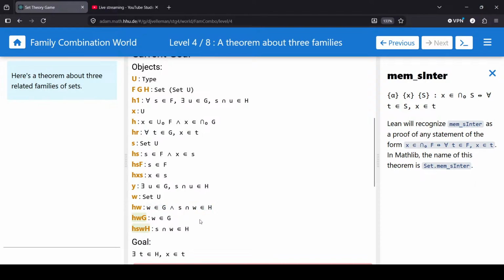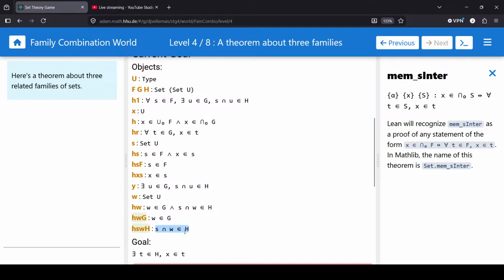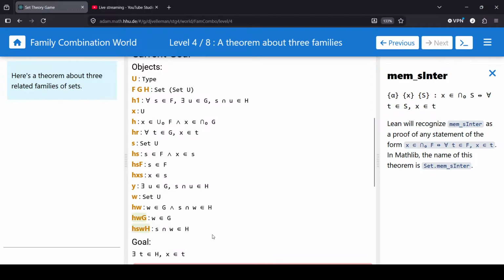We have W and G, but we have S intersect W is in H. So the only T I can think of that would go here is S intersect W, right? But X is an S.